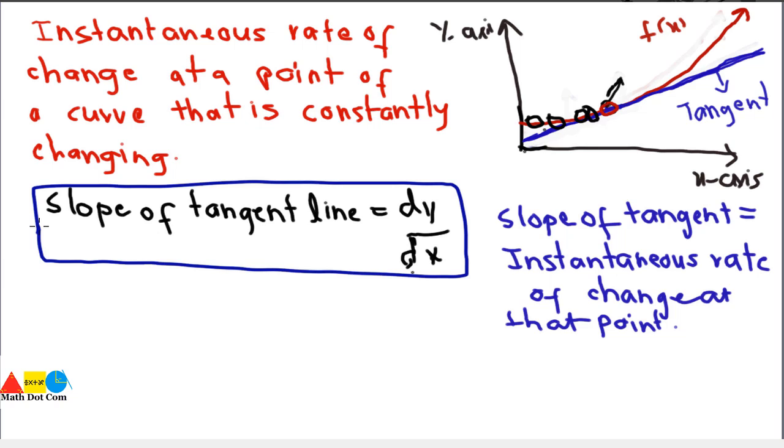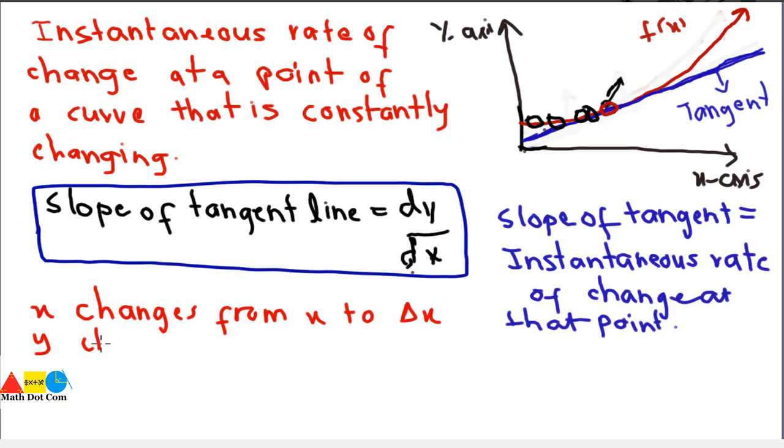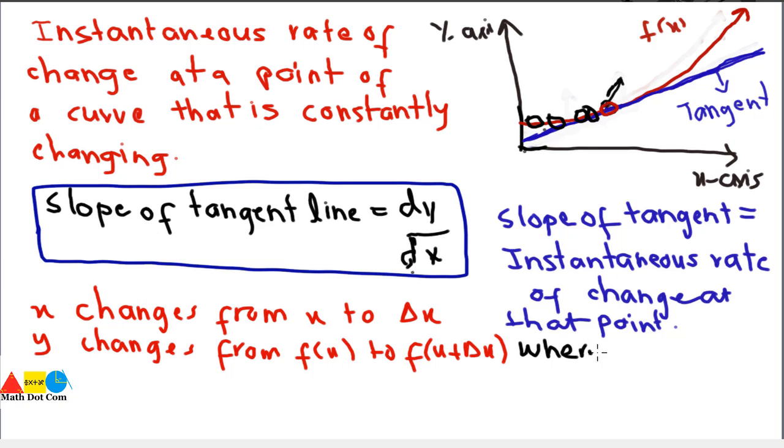For the point at which we have to find the instantaneous rate of change, we will say that x changes from x to x plus delta x, and y, which is basically f of x, changes from f of x to f of x plus delta x, where keep this in mind that delta x approaches 0, as we have to find the instantaneous rate of change.